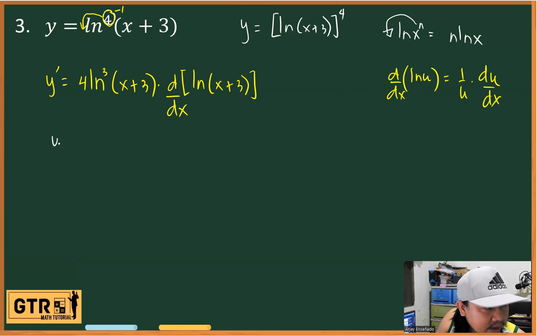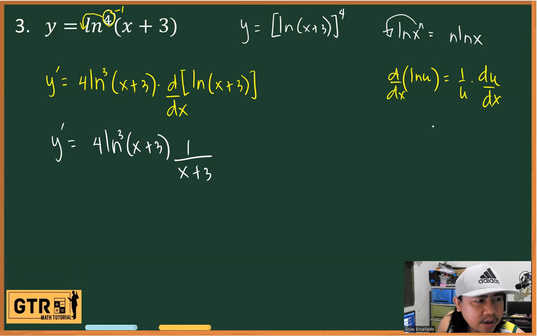Okay, so let's continue. Y prime is equal to 4 ln cube of x plus 3. The derivative of ln of x plus 3 is equal to 1 over u, so we have 1 over x plus 3. Our u here is x plus 3. The derivative of u with respect to x is simply 1, so there's no need to write 1.